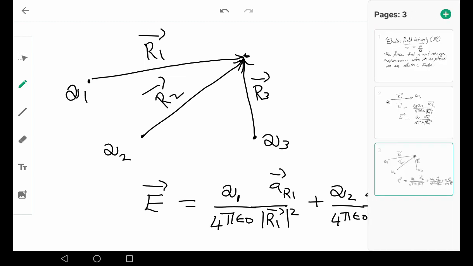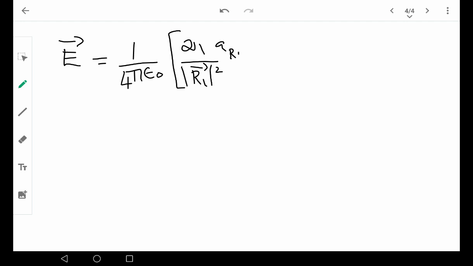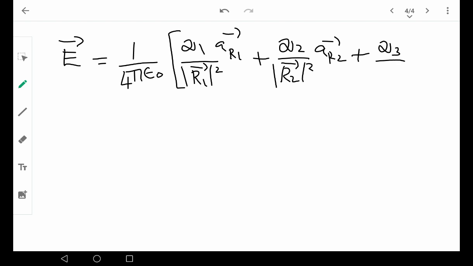So you can write it in a combined form like this: E equal to, we can take out the 1 by 4 pi epsilon 0 outside together. 1 by 4 pi epsilon 0, then Q1 by R1 square AR1 plus Q2 by R2 square AR2 plus Q3 by R3 square AR3.